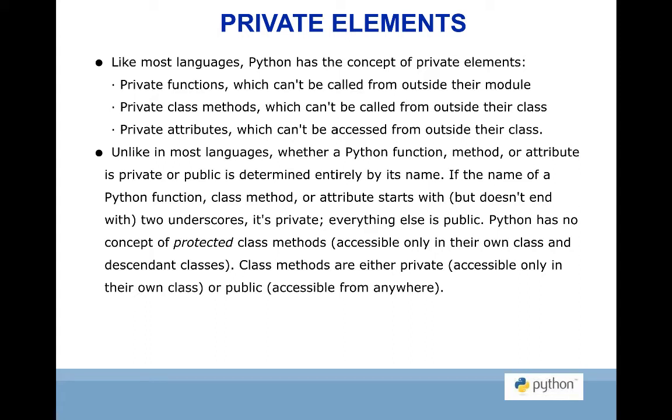So all the attributes or function names which start with a double underscore and do not end with it are private. Everything else is public. And as we have discussed earlier, Python has no concept of protected class methods at all.